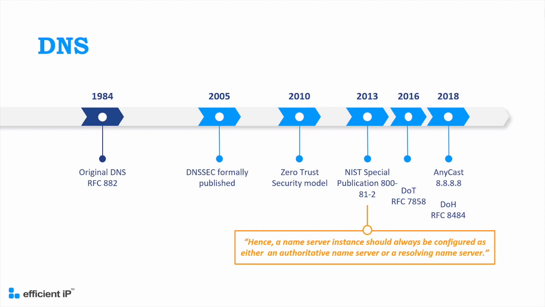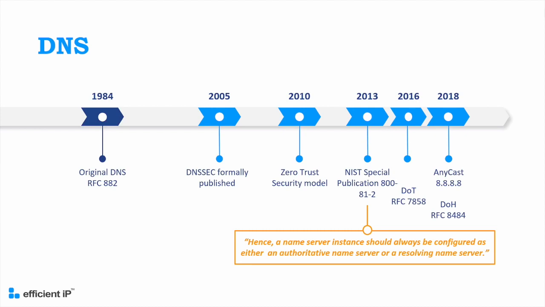In 2005, I'm remiss if I don't point out DNSSEC, which is now fully functional across the internet. To all of you watching, if you want to do DNSSEC, which I highly recommend, it's supported completely. Not related to DNS, in 2010, the zero trust security model. And hopefully that's the way we still like to build our networks, as far as not trusting anybody.